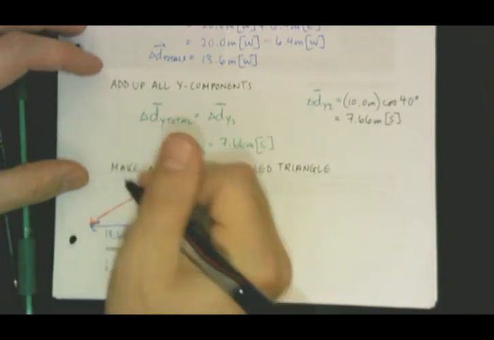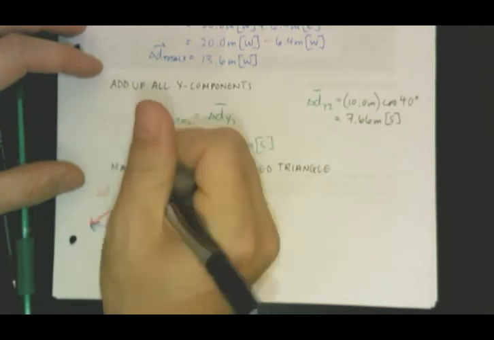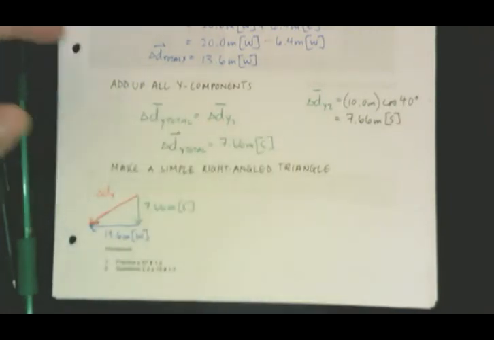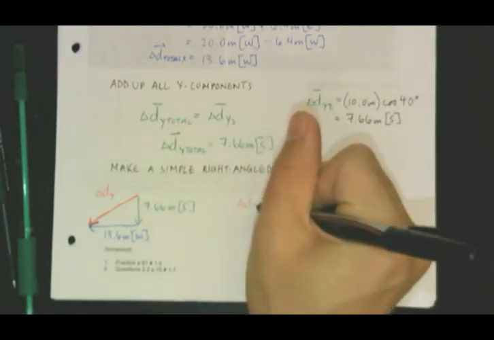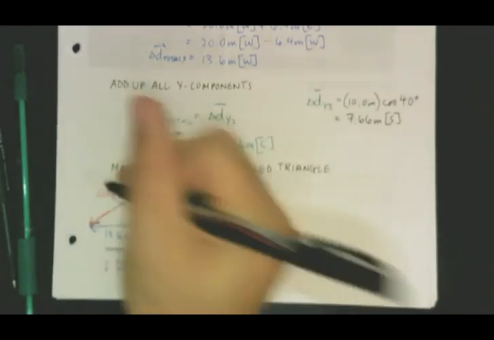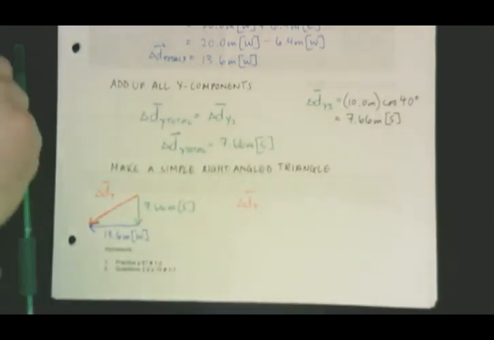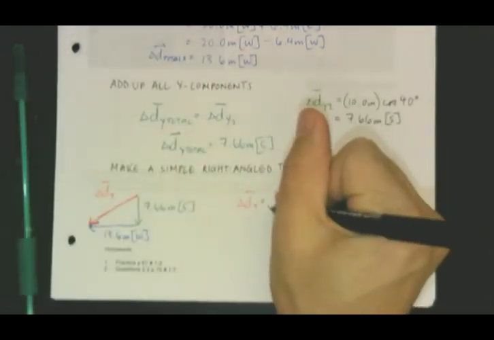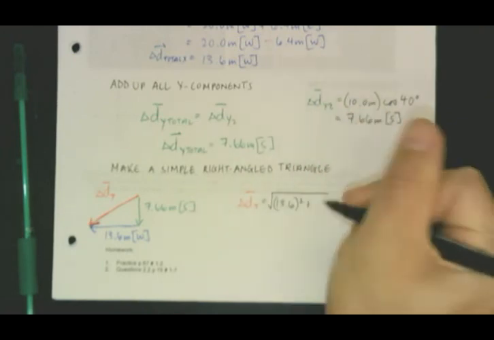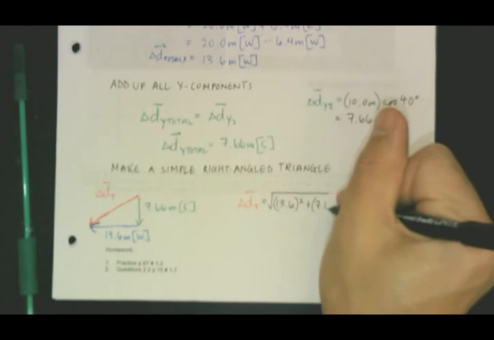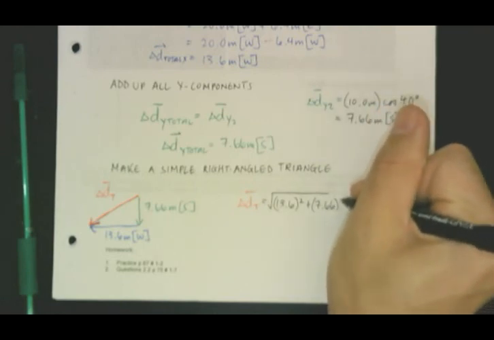I've done all of this work to find the magnitude of this. How can I find the magnitude of this now? Good. We're going to use the Pythagorean theorem, which states that delta D is equal to the square root of 13.6 squared plus 7.66 squared.